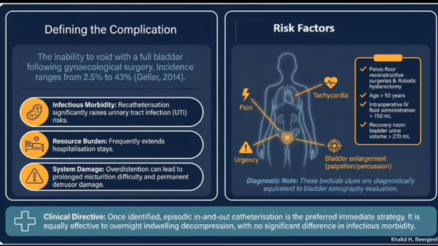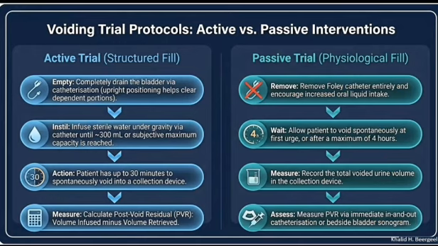In the active trial, the first step is to empty the bladder using a urinary catheter. You insert the urinary catheter and make the bladder empty. Then you infuse the bladder with normal saline or sterile water, around 300 ml, or the maximum capacity when the patient feels the bladder is full.